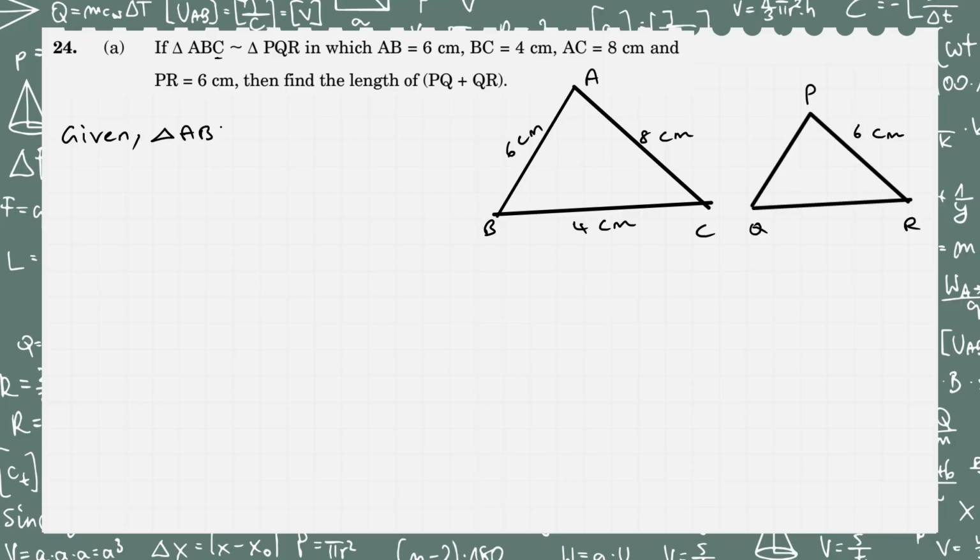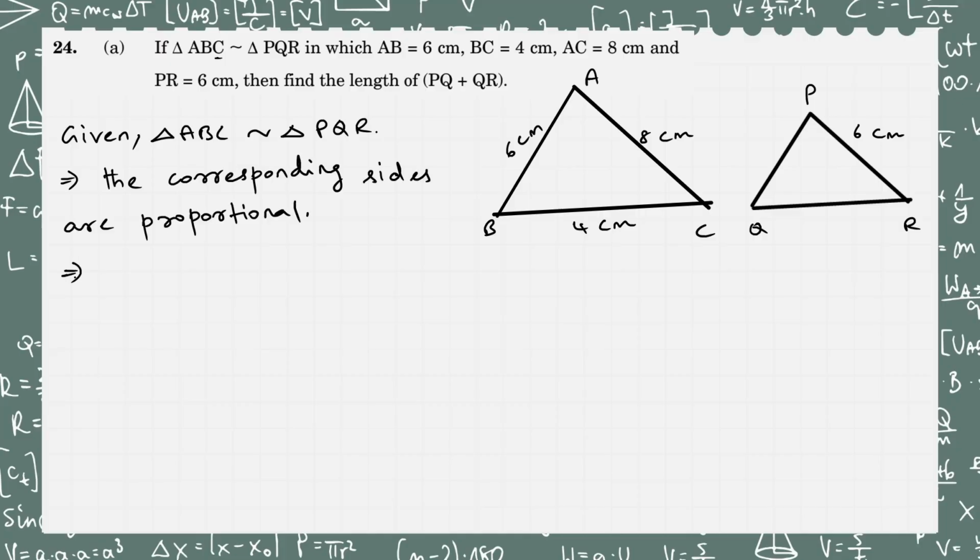triangle ABC is similar to triangle PQR, so that implies the corresponding sides are proportional to each other, correct? So what are the corresponding sides? As we have discussed earlier, AB and PQ are the corresponding sides, and BC and QR are the corresponding sides, and AC and PR are the corresponding sides.